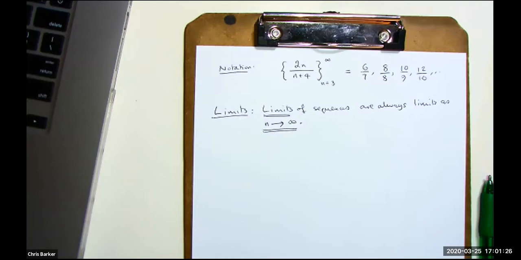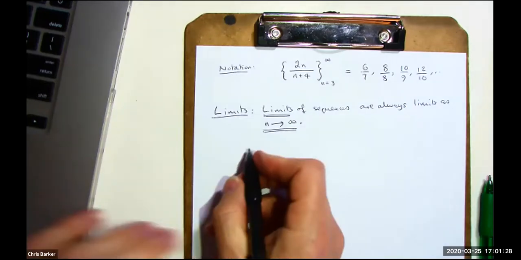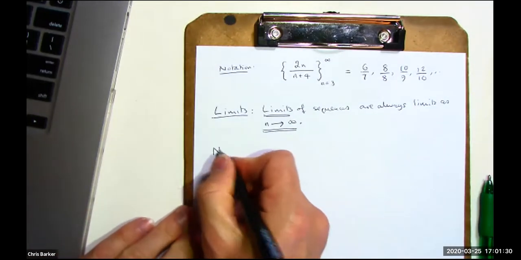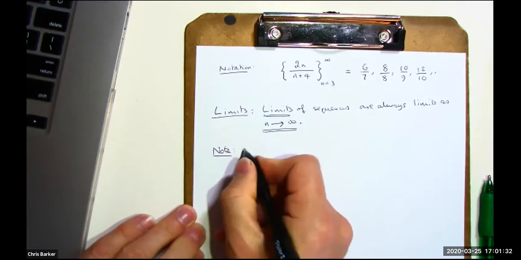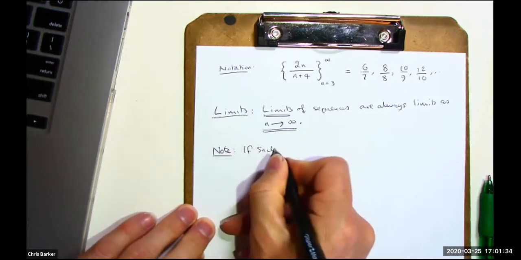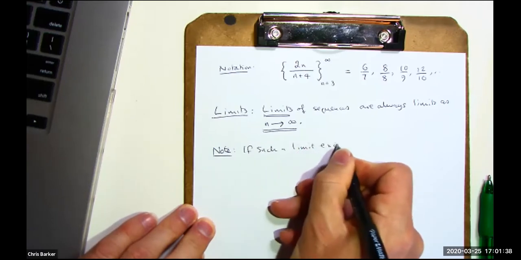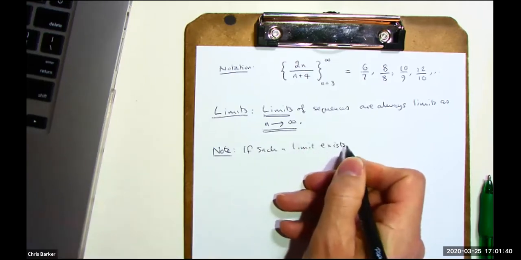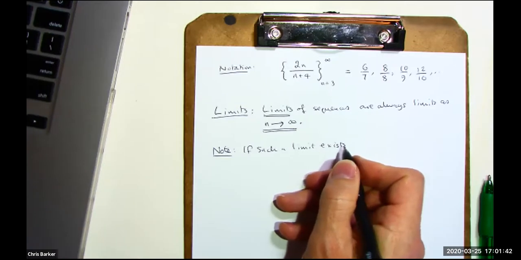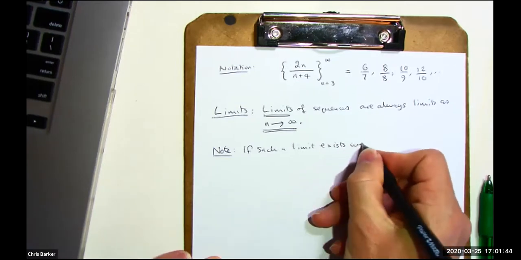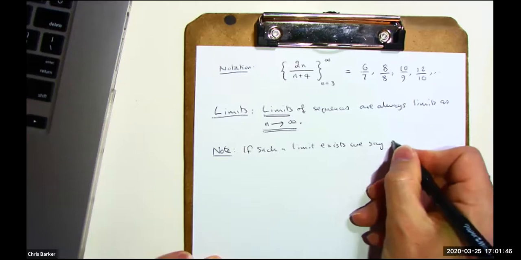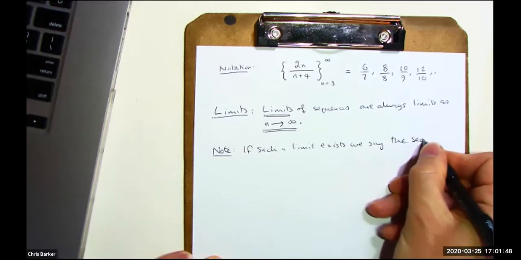So note, if such a limit exists, because remember, limits don't have to exist, right? Sometimes they exist, sometimes they don't. If a limit exists, we say the sequence converges.